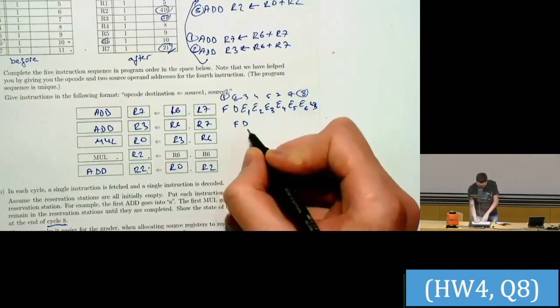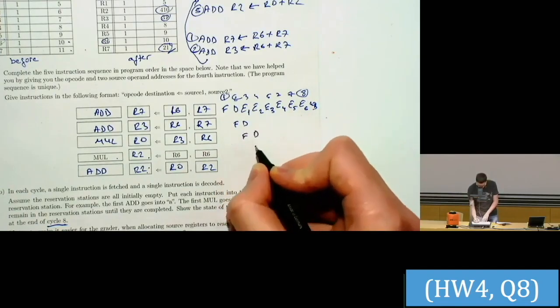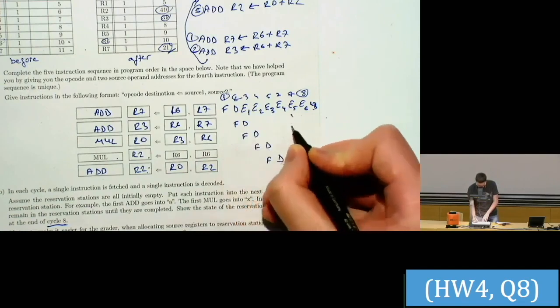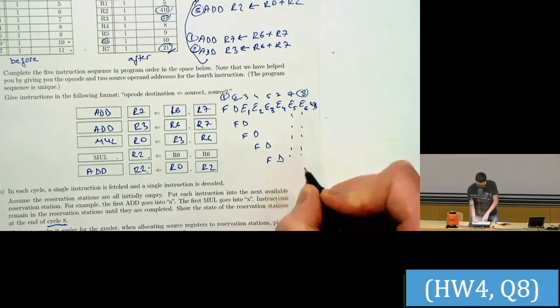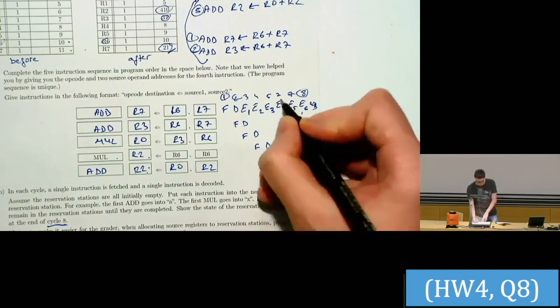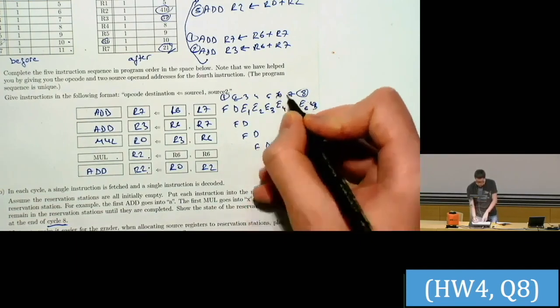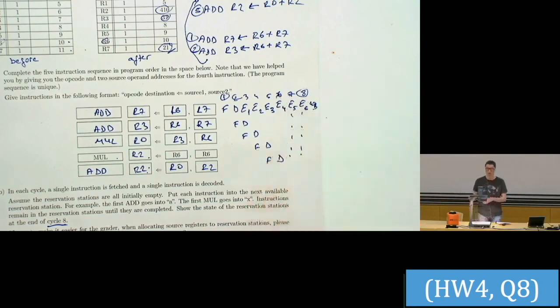So we can fetch and decode the second instruction, the third, the fourth, and the last instruction, right? So somewhere here at the end of cycle 6, we have all the instructions decoded, right? So we fill them to the reservation stations.